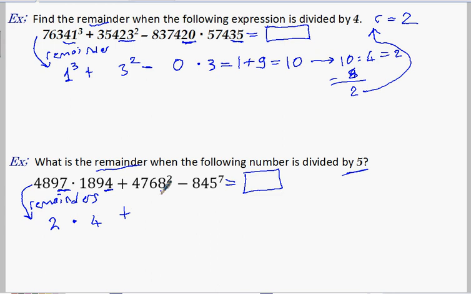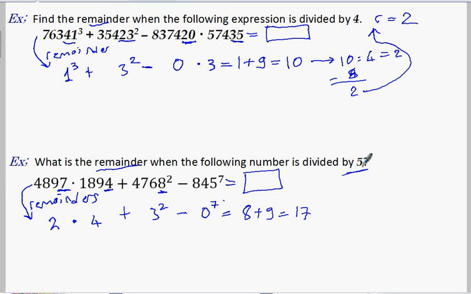Then 8 is the last one over there. When you divide 8 by 5, the remainder is 3, squared. Then minus. When you divide 5 by 5, the remainder is 0. It's divisible. So then 2 times 4 makes 8, plus 3 squared makes 9, and 8 plus 9 makes 17.